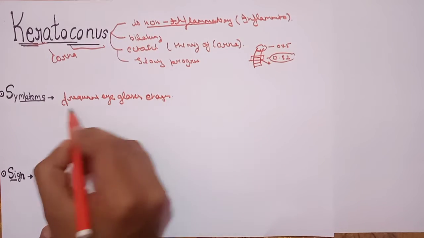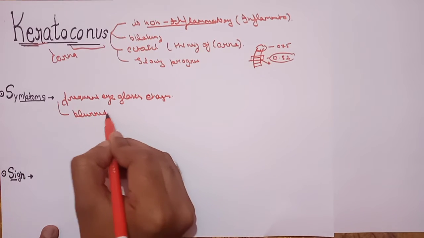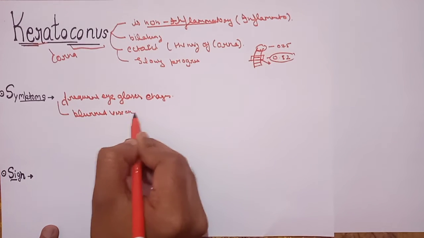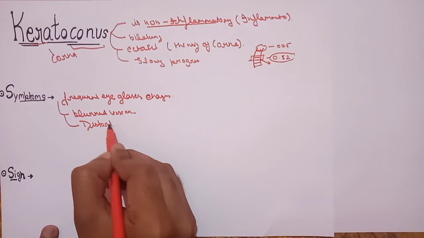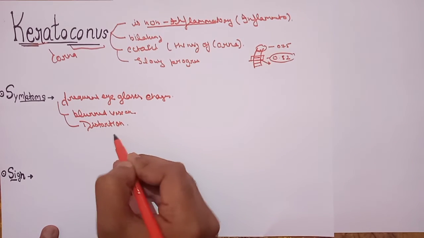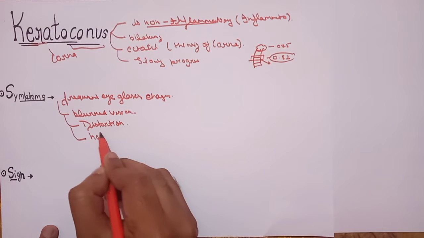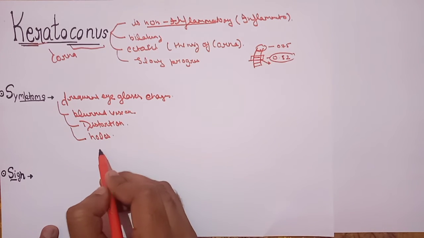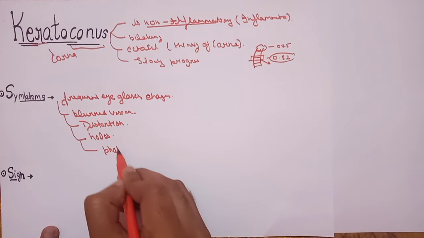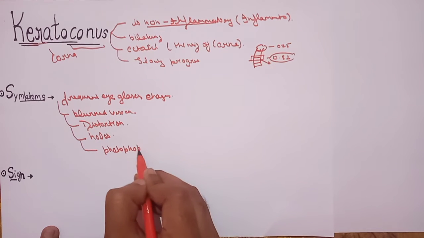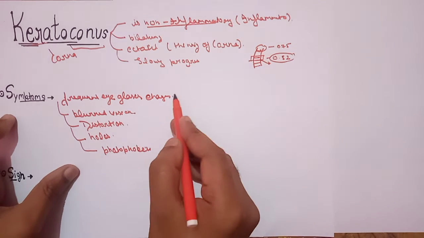The second most common is blurred vision. Distortion is always there, sometimes halos, and in advanced cases photophobia is also there. These are all the symptoms of a keratoconus patient.